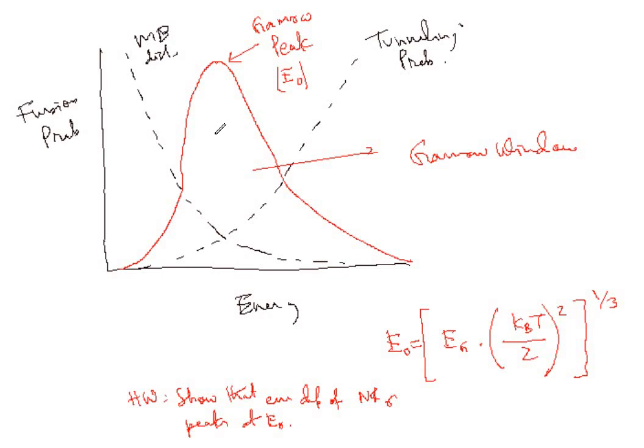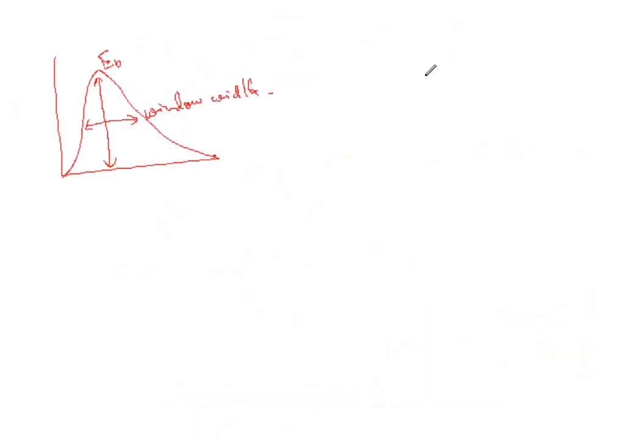And what we are observing is that the energy at which the fusion rate is maximum, we get a peak. Note that this is not entirely a Gaussian peak, and this peak is known as the gamma peak. And the region on either side of the peak in which the fusion probability is significant is known as the gamma window. This is what we are observing.